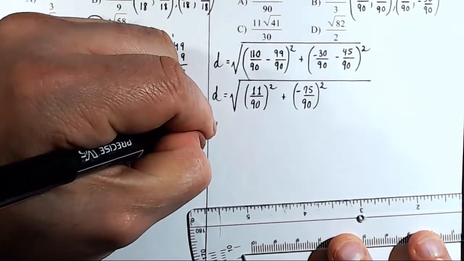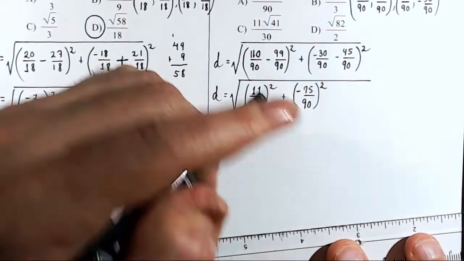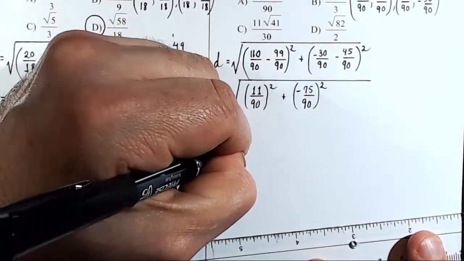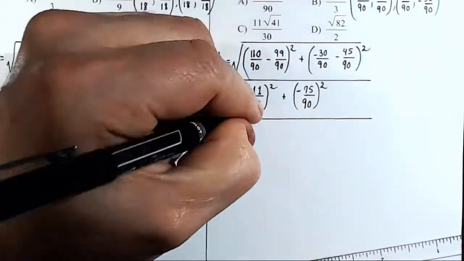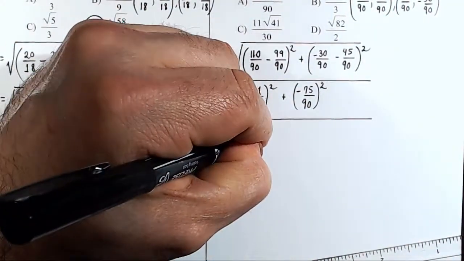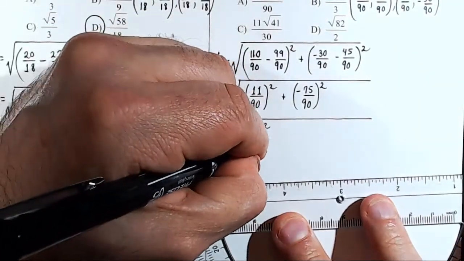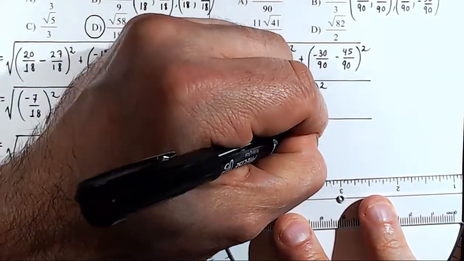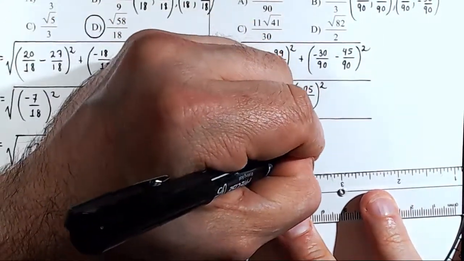So now d is equal to, and what we're going to do is put these squared terms in numerators and denominators. The square root of 11 squared over 90 squared plus negative 75 squared over 90 squared.